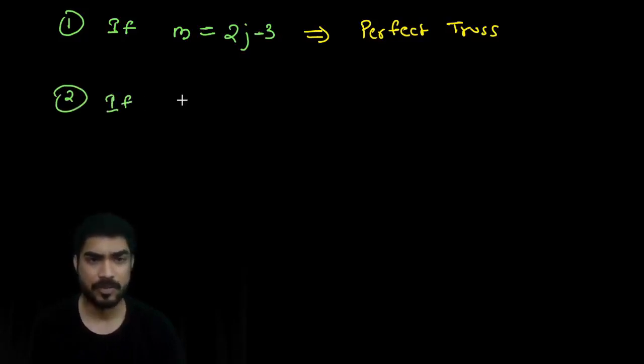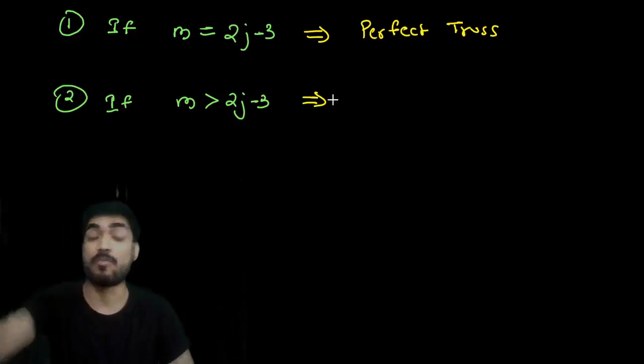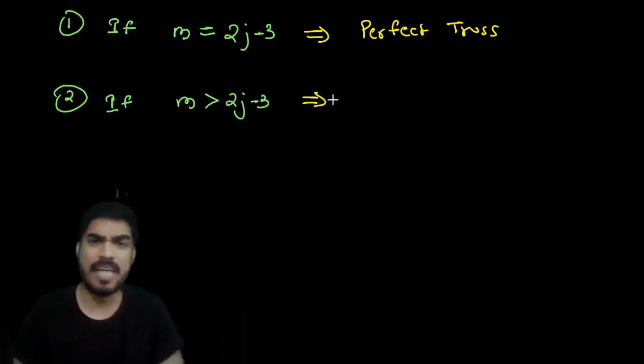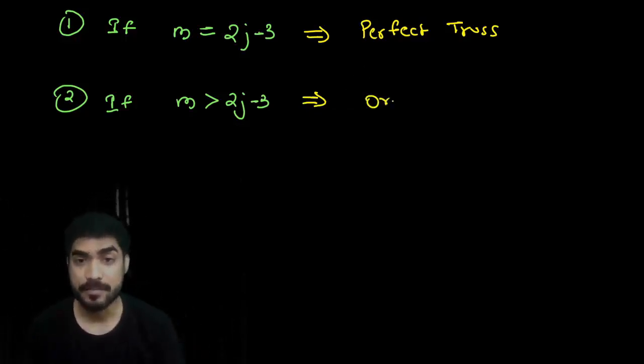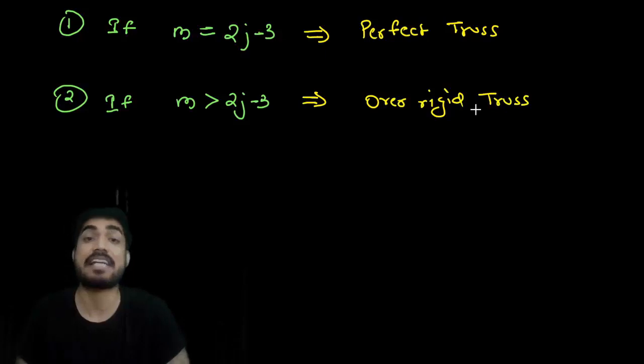Okay. Second, if M is greater than 2J minus 3, means number of members are more. So it will be an over rigid truss. Extra rigidity it has.